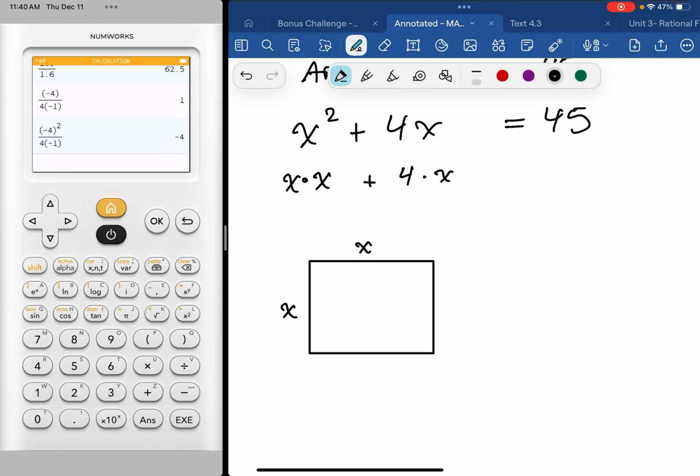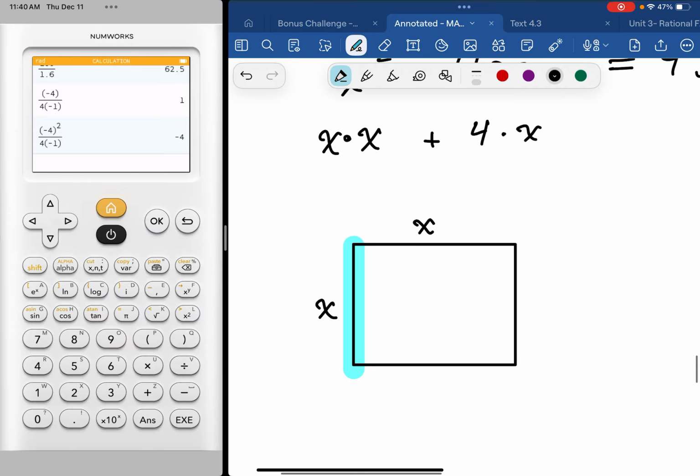When I drew this diagram, I essentially, without really thinking, established that the length of x is going to be that distance there. Now it's going to be x by 4, but that's also the same as saying x plus x plus x plus x.